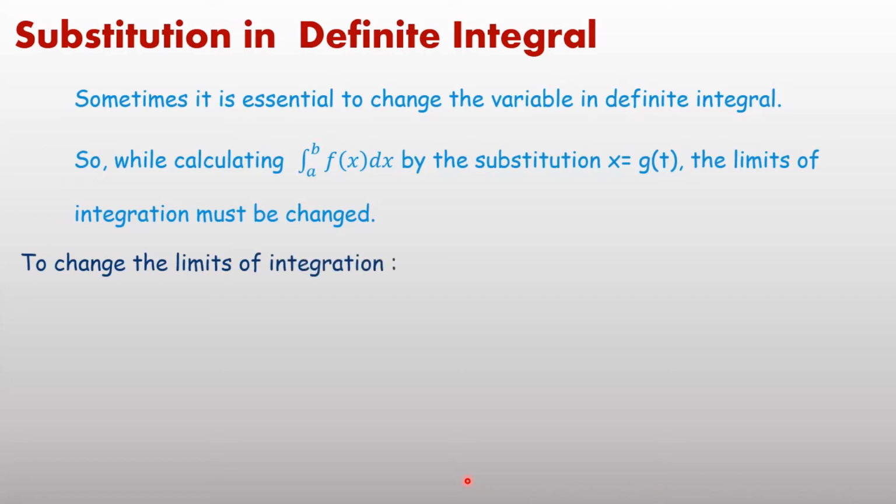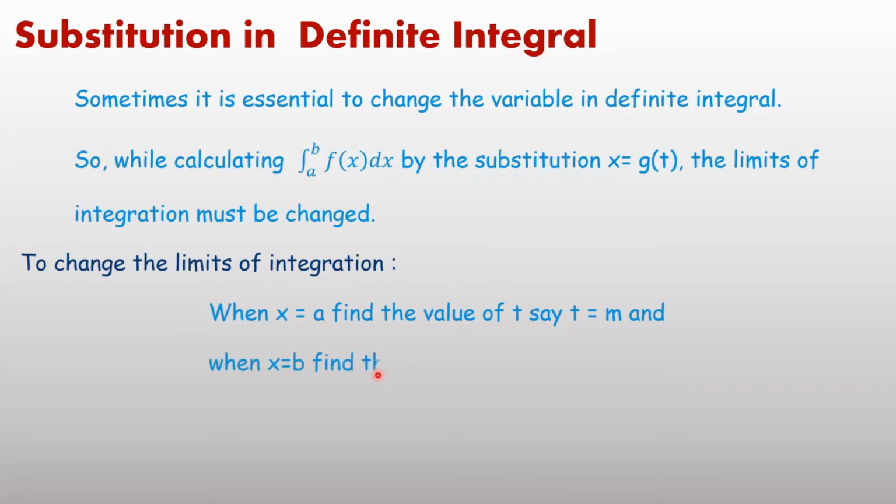To change the limits, if x equal to a, find the value of t, and let t equal to m if x equal to a, and when x equal to b, let the value of t equal n. Then we can write integral a to b f(x) dx as integral m to n f(g(t)) g'(t) dt. Now one example on this by the substitution method.